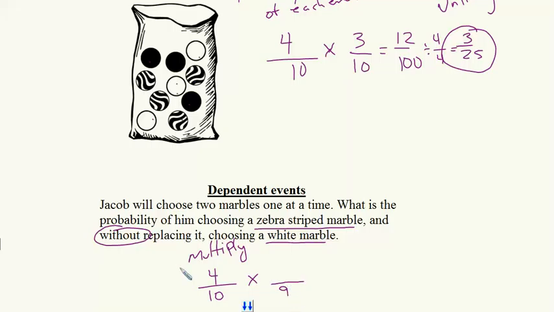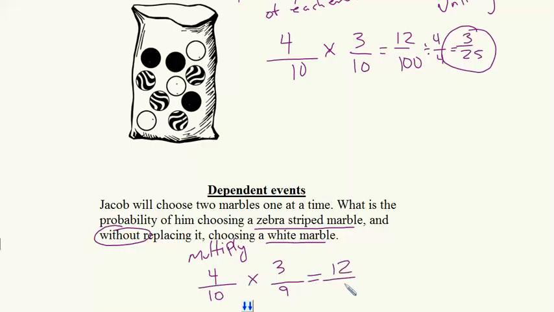Okay, now I know that there are 4 zebra striped marbles, but I'm only choosing one of these 4. So that's why there's a 9 here instead of 6. Okay, so I have 9 total marbles now, and I have 3 white marbles. So again, we're just going to multiply the probability of each event.